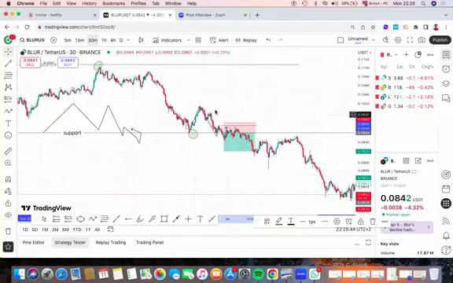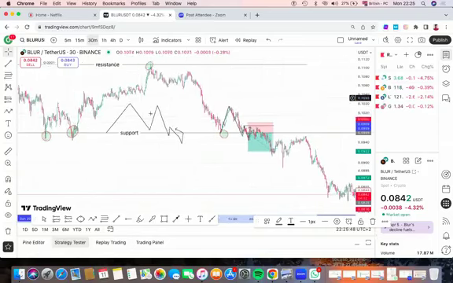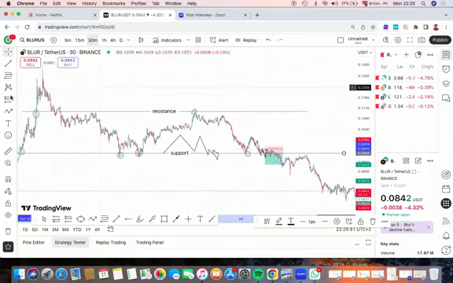So this is a channel. This is the first pattern we are teaching, which is the support and the resistance, okay? Which is a breakout, which will be our confirmation for entry.